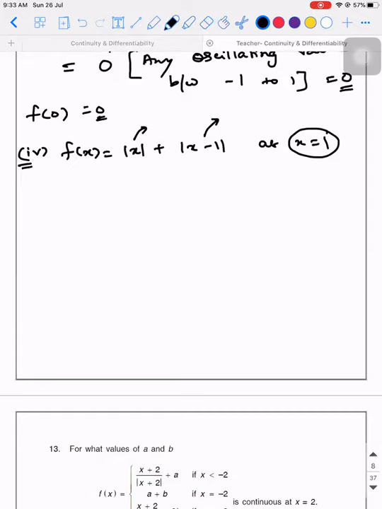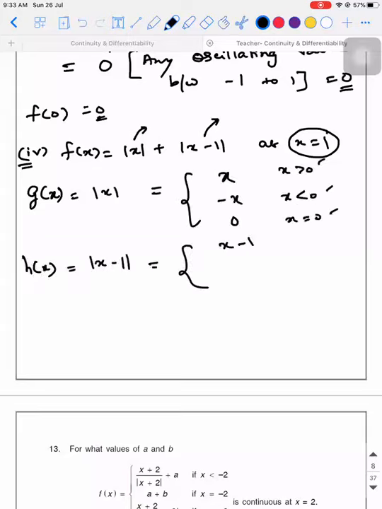So I hope you understood what she was saying. For x greater than 0, x equal to 0, x less than 0, put these 3 points. Similarly, h of x is equal to mod of x minus 1.